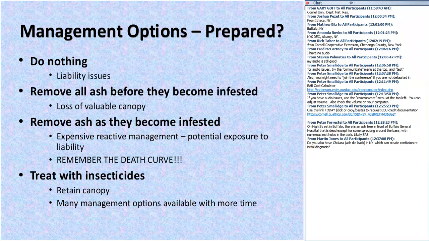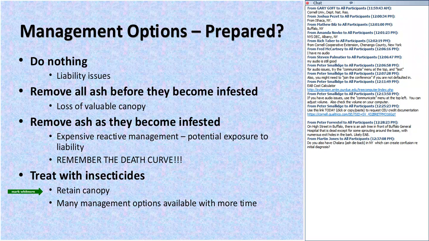Remove ash as they become infested. We're finding in the Midwest that this is a very expensive reactive management tool, because if you remember the death curve, all of a sudden you have tons and tons of mortality, and it's really hard to deal with that. I think about little Ithaca here and how many tree crews we have, and then the number of ash that we have, and I'd be willing to bet that we don't have enough people power to deal with all the dead ash if it were dealt with all at once.